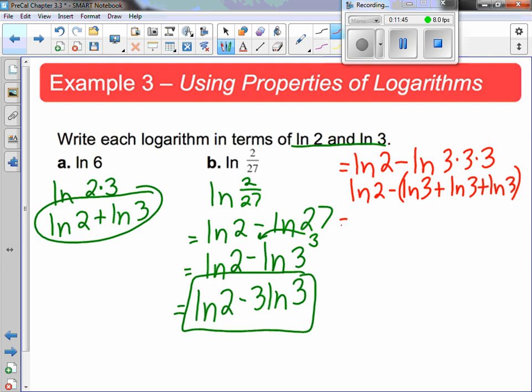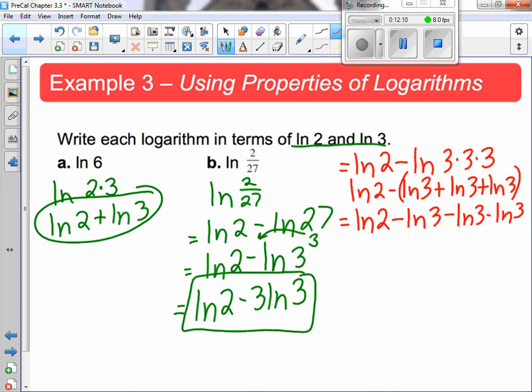Because if we're not paying attention, each one of these here is actually negative. Yes? Because we're subtracting it, our multiplication property, our product property with logarithms, says that we add them together. But because of that negative out front, all of them would have to be negative. And we could combine them and get negative 3 ln of 3. Well, ln of 2.